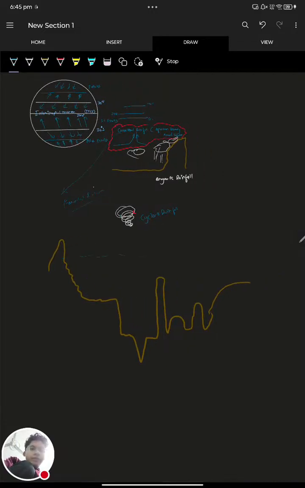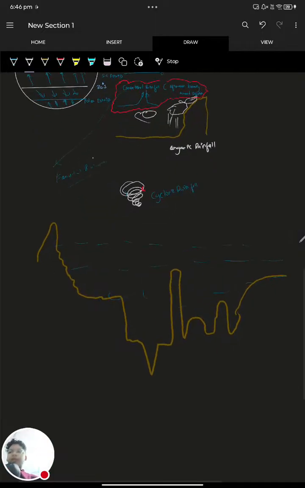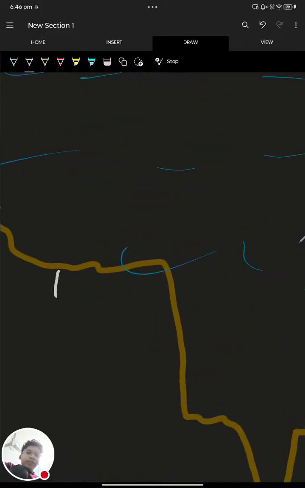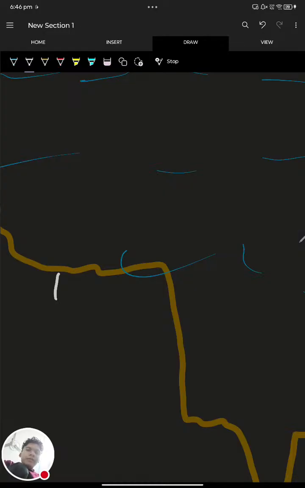This thing is filled with water. Here is the land, and this is kind of flat, so you could put your stuff over here. You could call it the continental shelf.